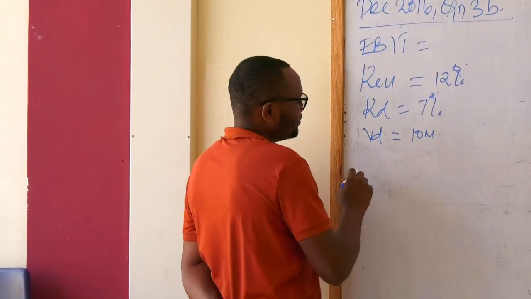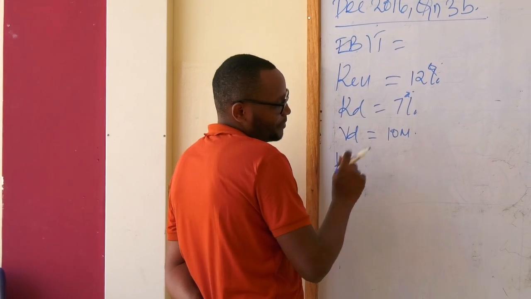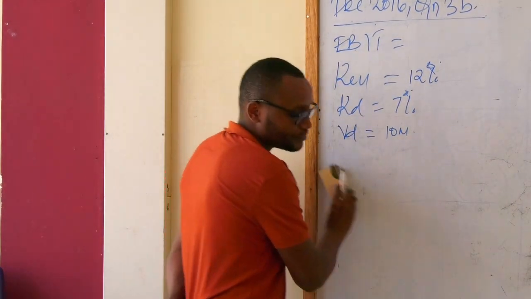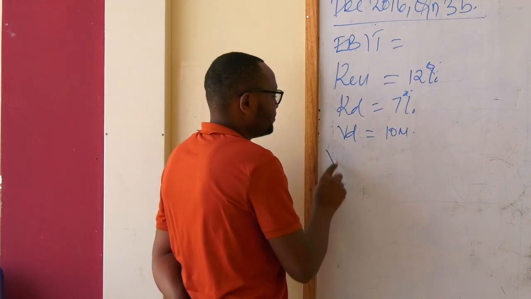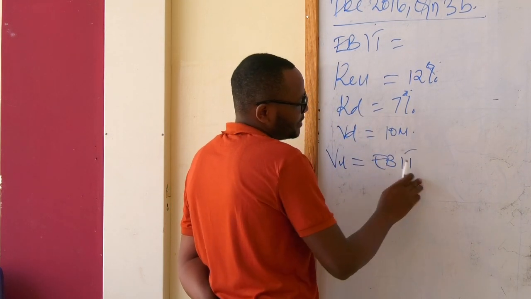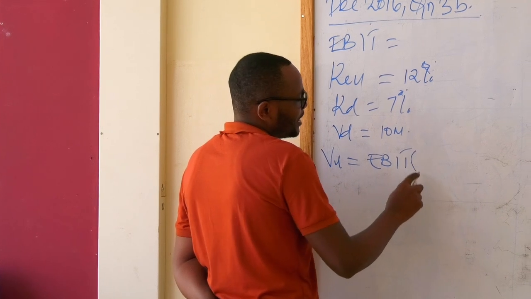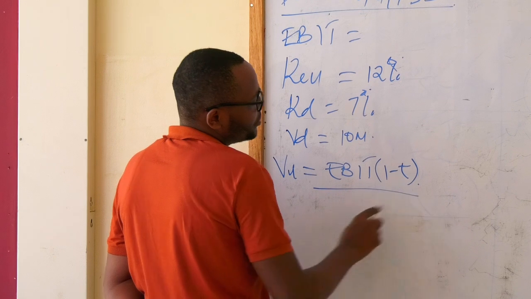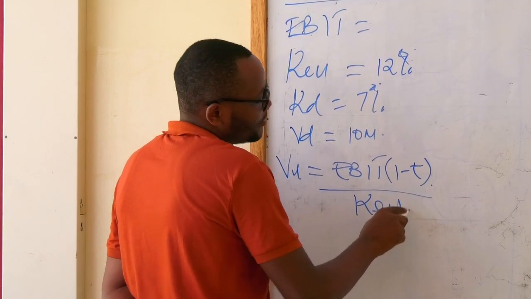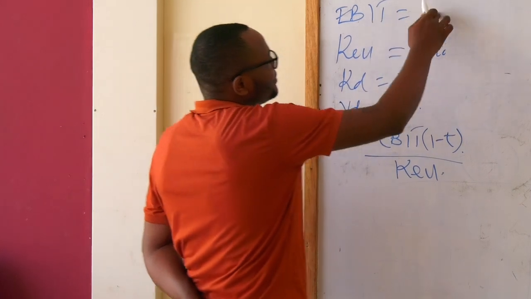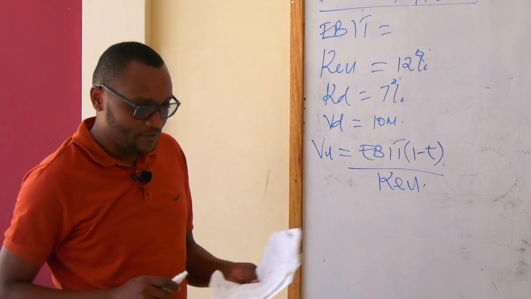The value of an unlevered firm, as we have seen from the previous demonstration, is given by earnings before interest and tax. We have a tax model, but here we are being told we are not going to have the tax model. But here we need to calculate first the earnings before interest and tax.